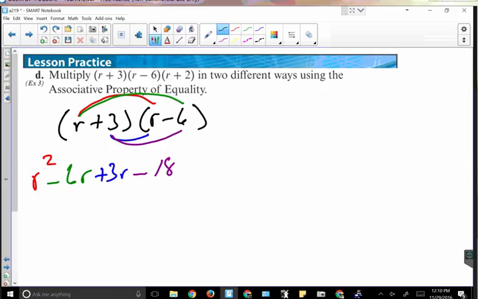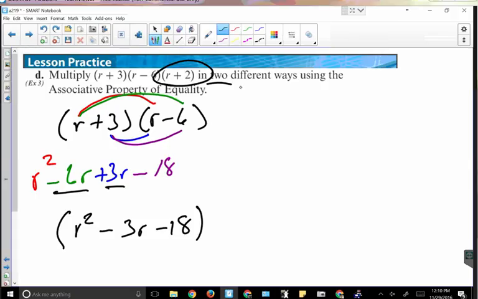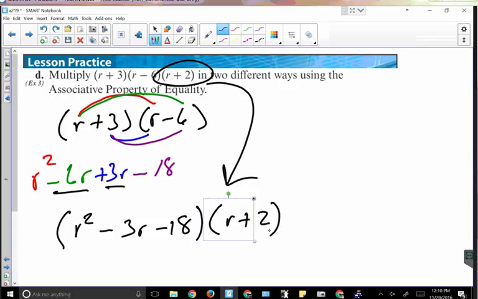Now I've got to add the like terms together, which are those two. So I'll end up with r squared minus 3r minus 18. Put these back in parentheses, and now I'm finally going to bring this one down and multiply it by it, r plus 2.